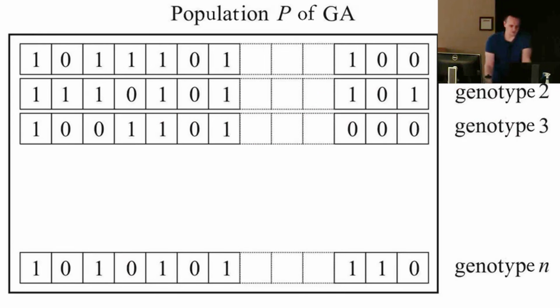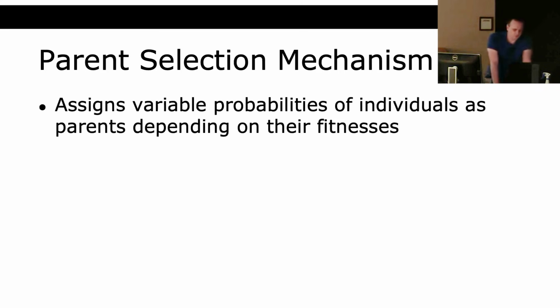So this is basically a population. You could picture this as one of our Sudoku boards, and then we'd have like 100 of them or 500 of them or whatever in a particular population. Parent selection mechanism. How do we choose who the parents are? We are going to assign variable probabilities to individuals as parents depending on their fitness.